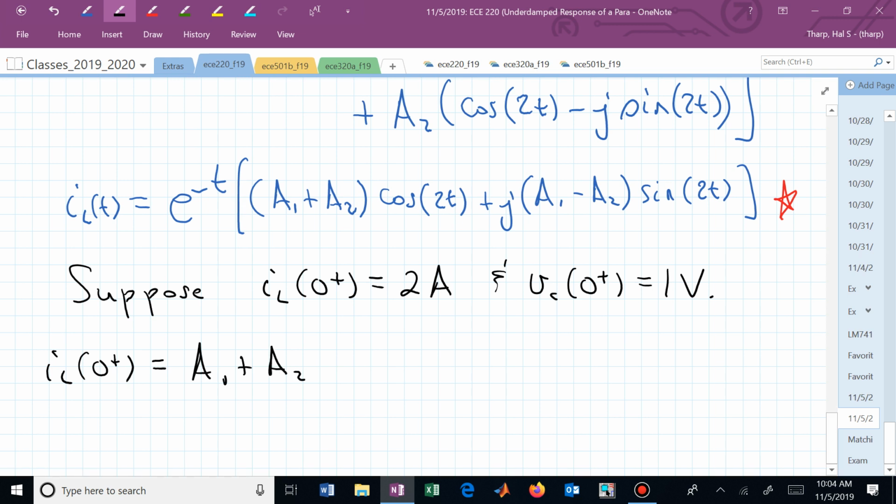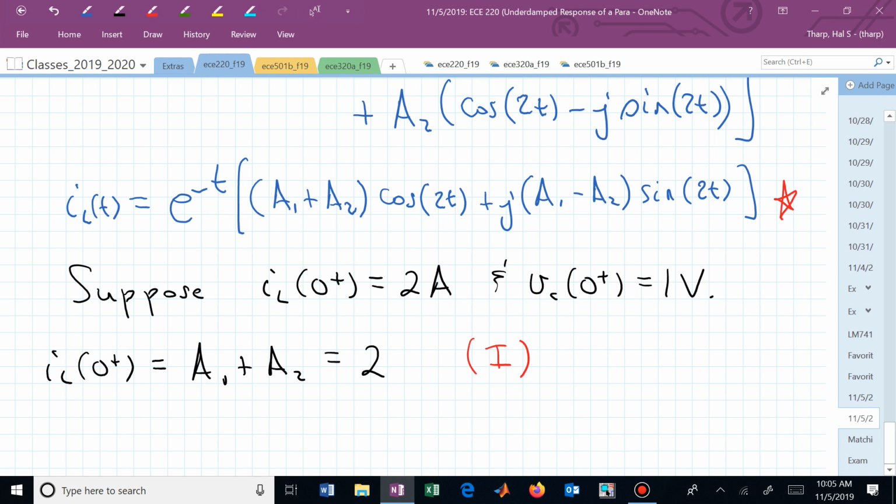That's now just a1 plus a2. And that, we said, let's suppose that's equal to 2. There's one equation that is associated with these unknown coefficients a1 and a2.